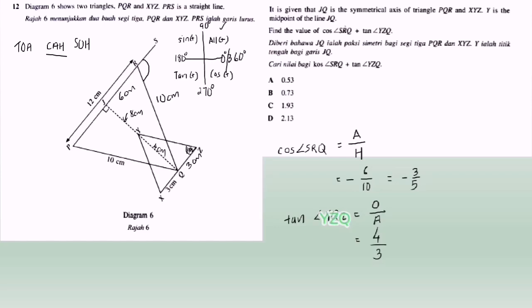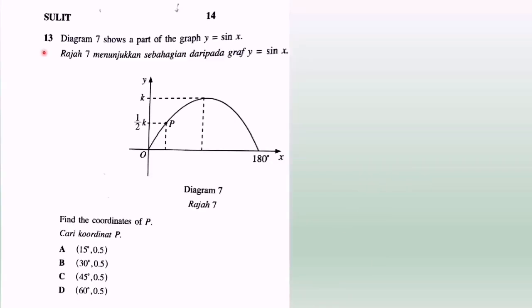So now we need to find the value of cos angle SRQ plus tangent angle YZQ. So negative 3 over 5 plus 4 over 3 equals 0.7333. So the answer is B.